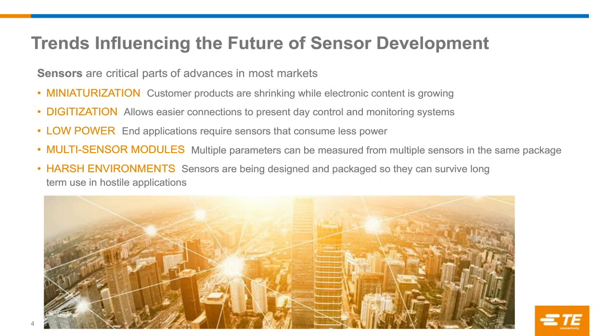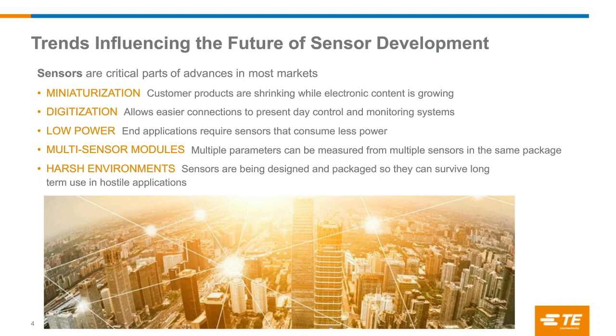Low power is driving the way sensors are designed right now. The customers are asking for the lowest power possible, and there's a number of reasons for that, and we'll talk about it. Multi-sensor modules, this is where we're putting more than one sensor capability into a single package, and it gives a number of advantages to our customers.